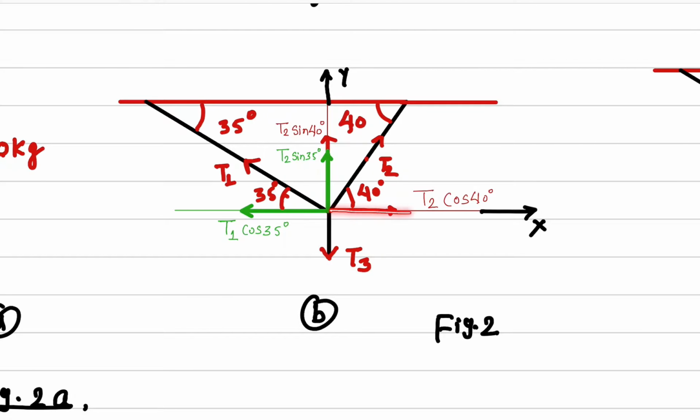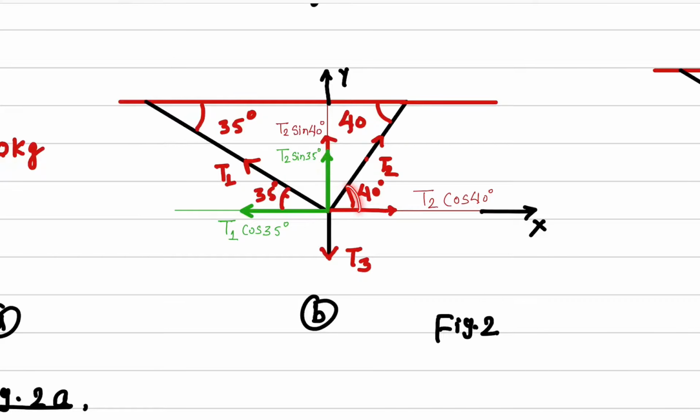So along the x-axis, it has to be T2 cosine 40 degree. Now you might say, how come this is cosine, or how do I know that it is a cosine or sine? So the simplest way is just to look at it: closer to the angle, just remember C and C, closer to the angle is cosine.